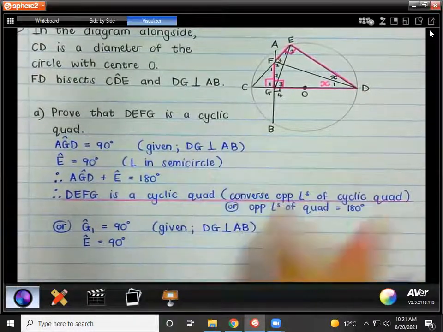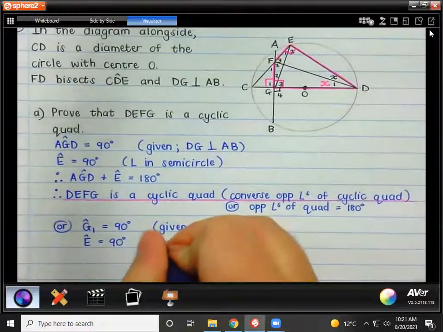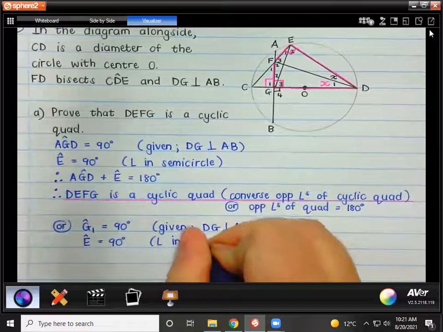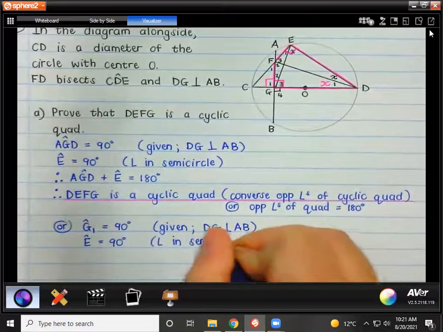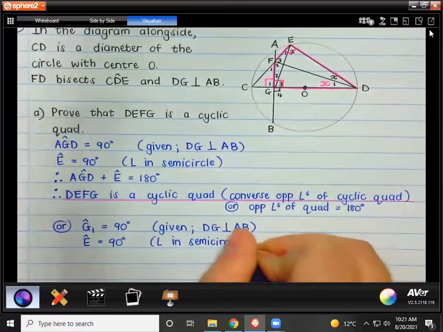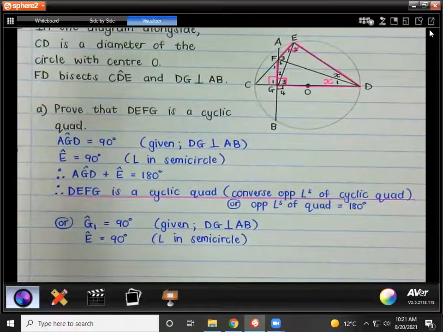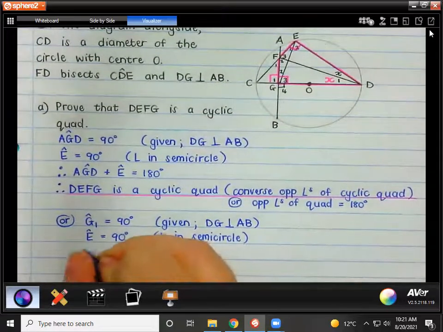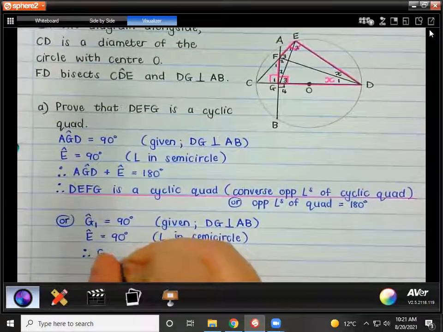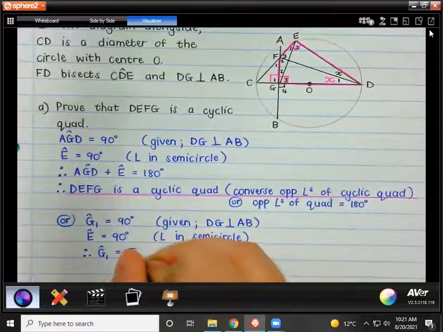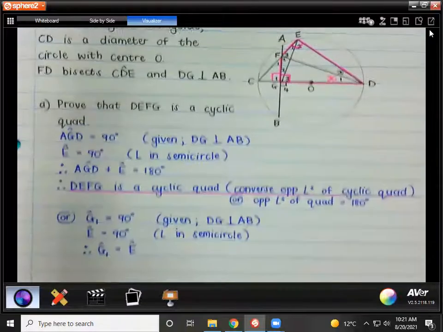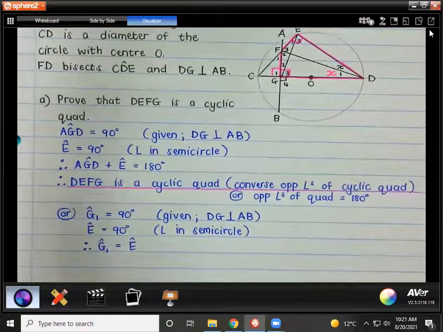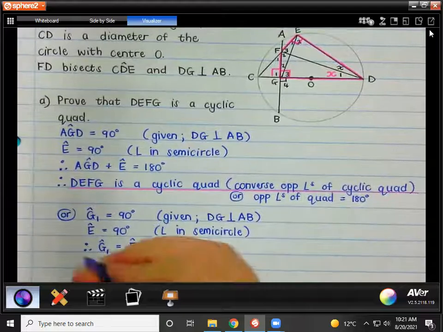All right, if you didn't use this one, then this would be your answer. Angle in semicircle. Therefore, G1 is equal to E, right? If you want to use the exterior angle reason, you have to prove that they're equal to each other.